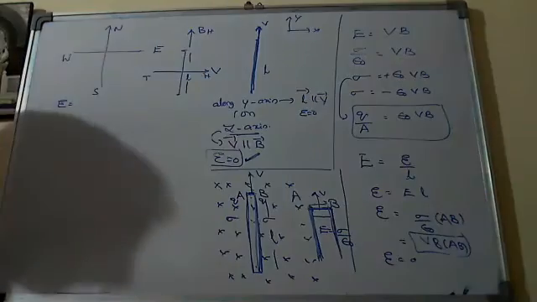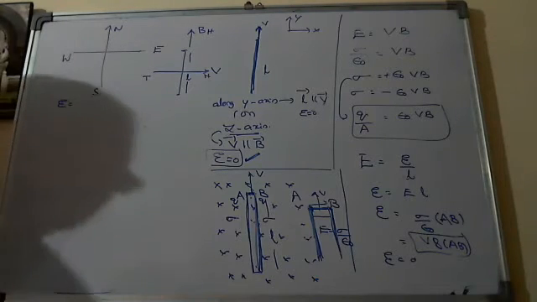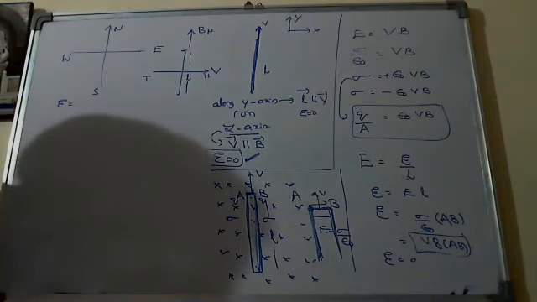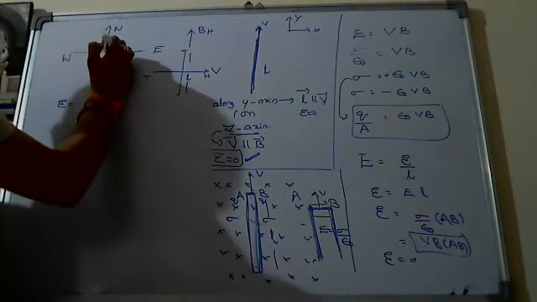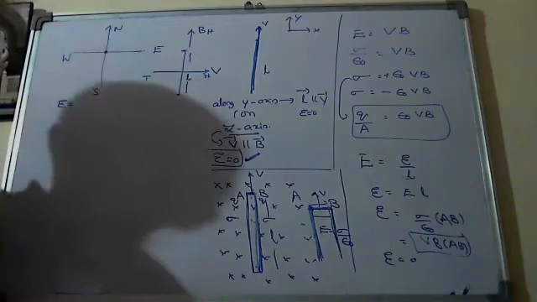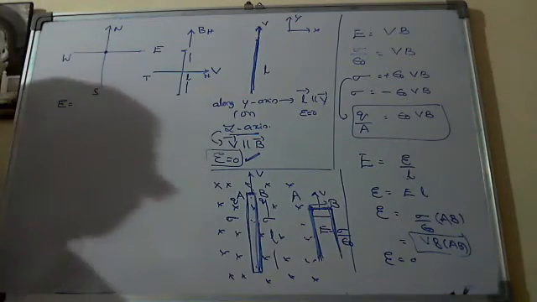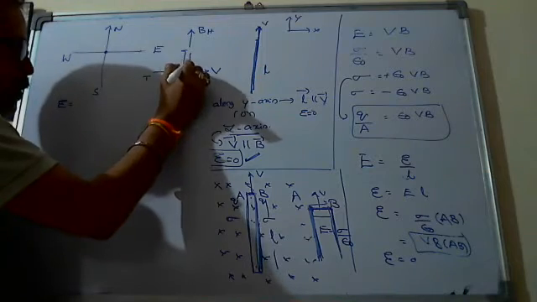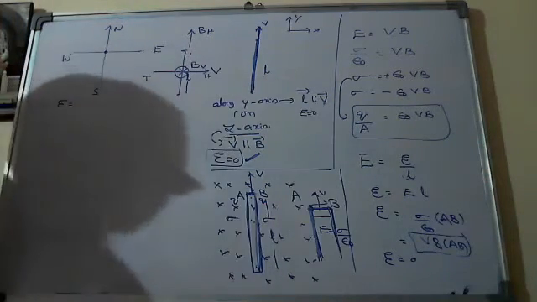What about BV, the vertical component of Earth's magnetic field? It is not parallel, sir. The vertical component is always perpendicular to the Earth's surface. Perpendicular to the Earth's surface means you will get either outwards or inwards. Suppose you consider B going inwards. This is BV or BH?